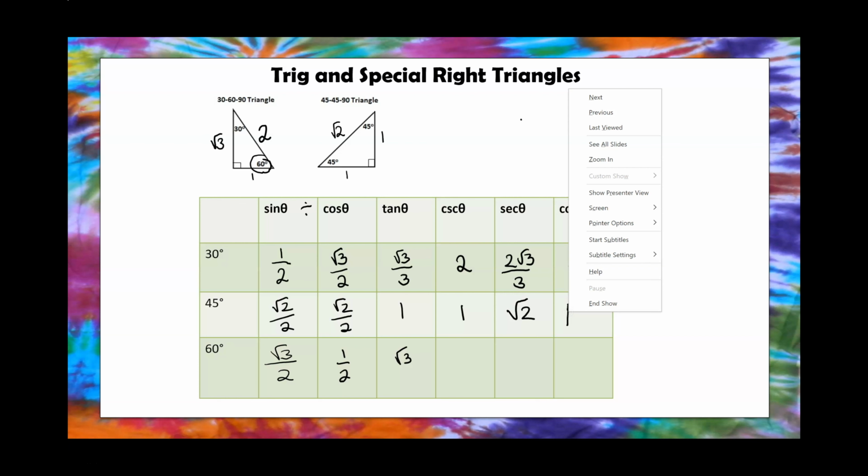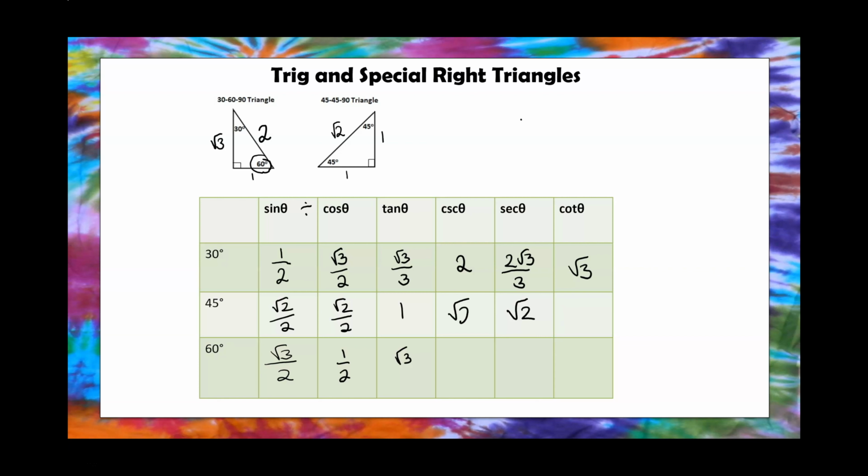What did I mess up on here? This one here should be a root 2. I'm sorry about that. Okay, this is going to be a 2 root 3 over 3. This is a 2, root 3 over 3. And this is a 1.